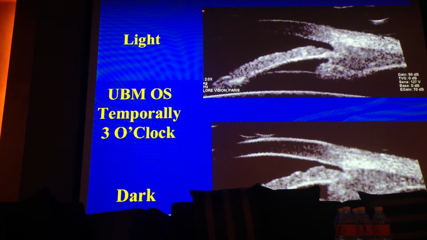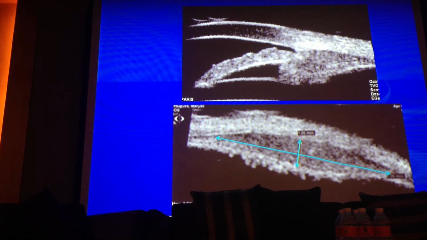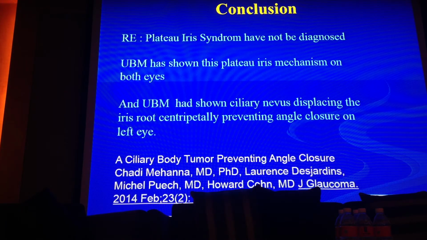So making a perpendicular cross-section of this part of the ciliary processes, we discovered a nevus in the ciliary processes. This kind of patient shows you that even if you have just one quadrant which is open, in this case, due to the nevus, you can maintain the pressure. And so this is a very, very interesting case, correlating optic nerve and glaucoma disease with anterior part and angle disease. Thank you very much.